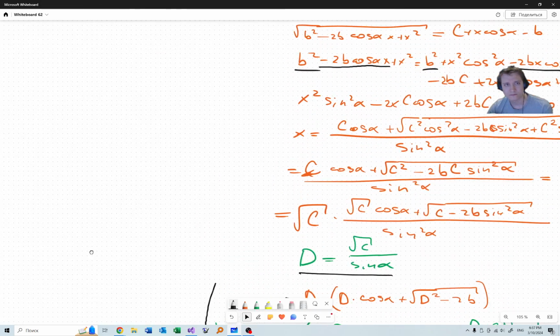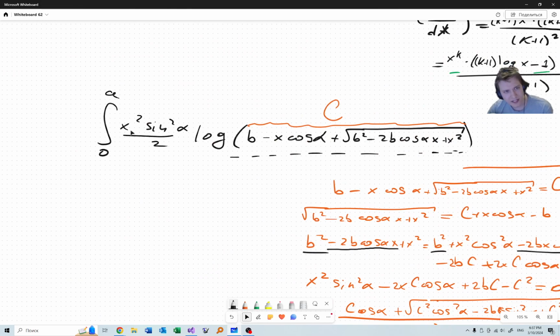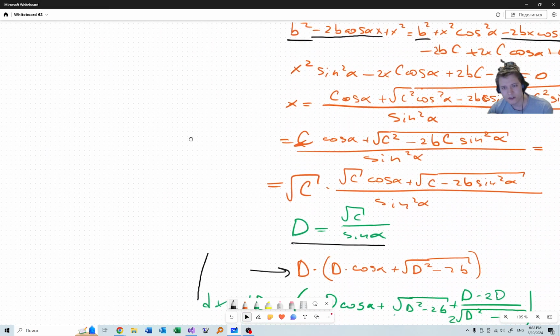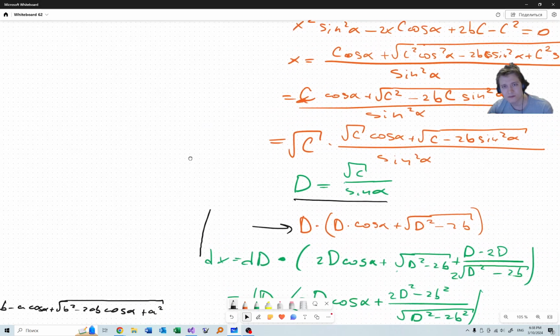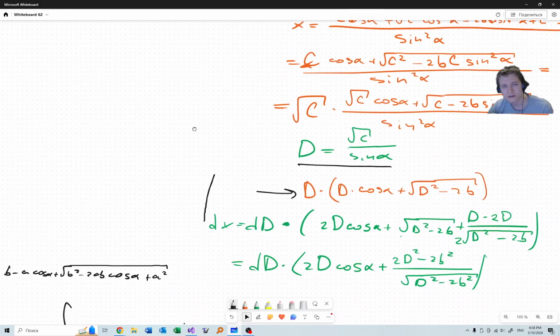So I need to multiply x by sine and take the square. So let's multiply x by sine and take the square.